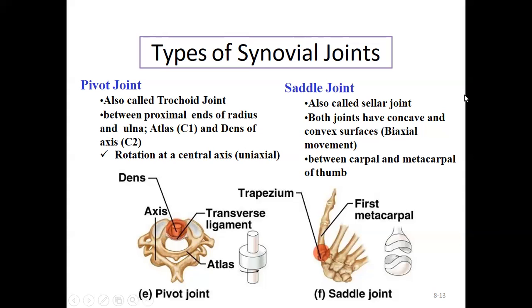So if you look between your carpal, the wrist bone, and the metacarpal, the bone in your hand that connects your thumb to your wrist, you'll notice that it has both this outward projection and that inward projection. So that is the concave and the convex surfaces on the ends of both bones, saddle joint.